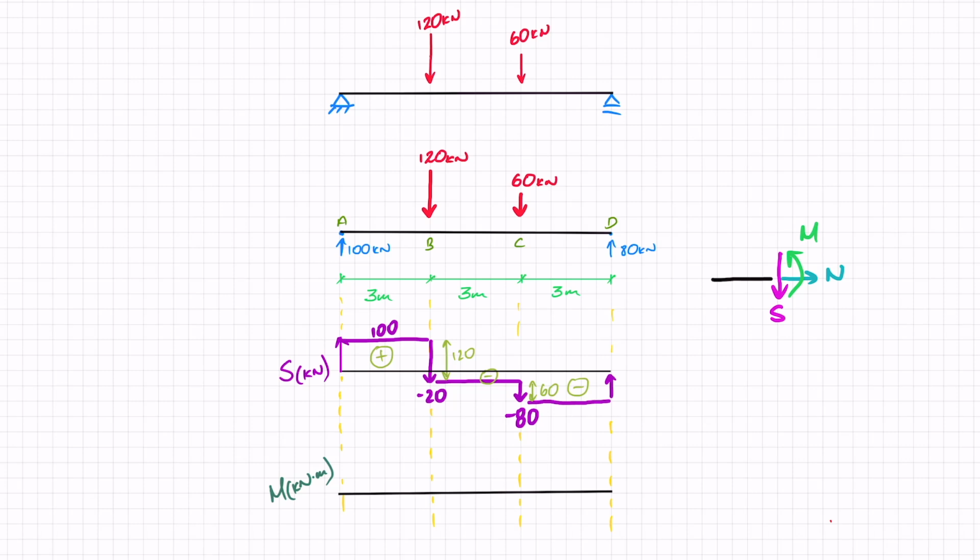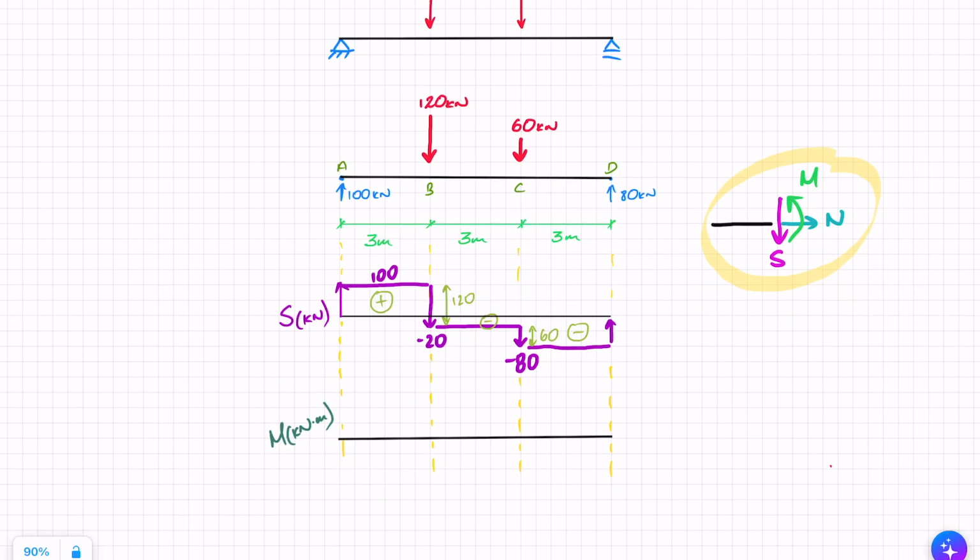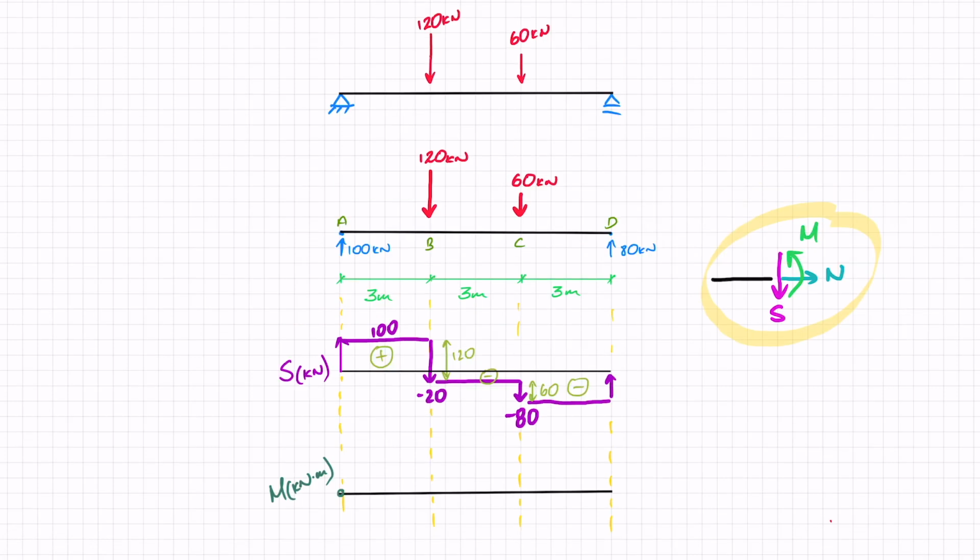And just a reminder, I am using this sign convention that we discussed, and my main thing here is I'm always going to draw my moment on the tension side. So the main idea here is to do this quickly with minimal calculations. So looking at this pattern, I know that I have to start my moment from 0. So I can draw that on.